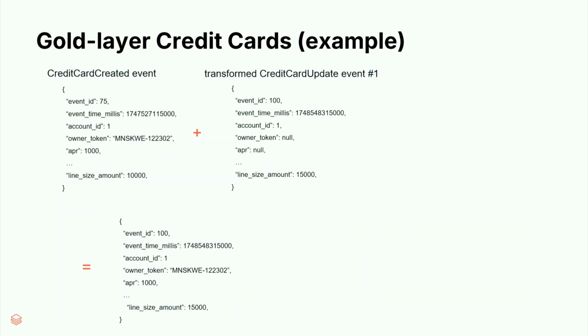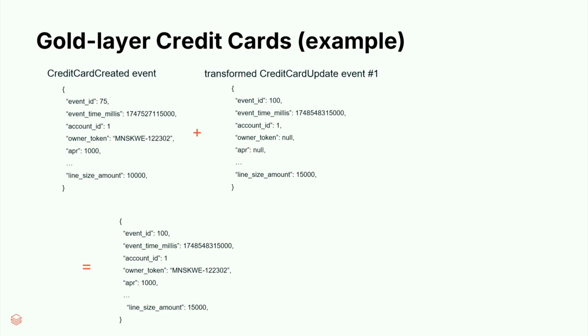And I just wanted to walk through a few slides to illustrate what the ignore null updates portion looks like. For this example, we have a single credit card created and update event. The created event sets all the attributes on the account at the time of opening, like APR, line size, et cetera. And that update is just overriding the line size from 10,000 to 15,000.